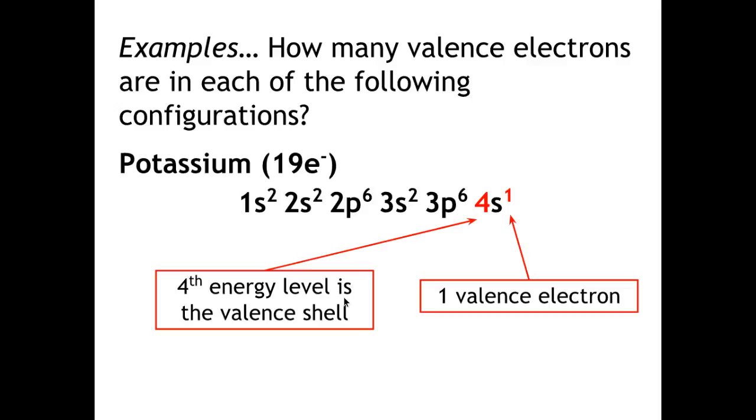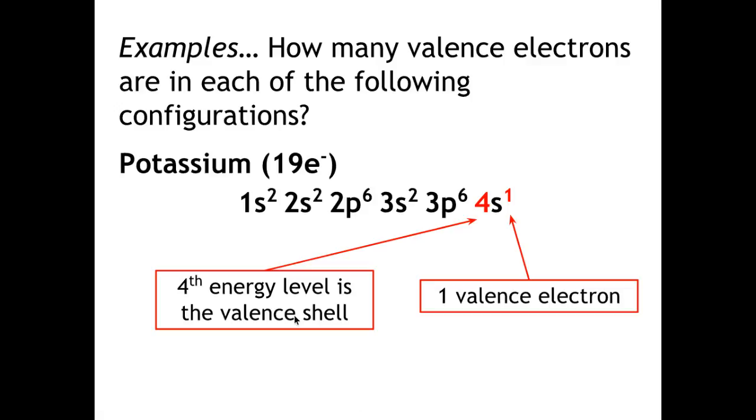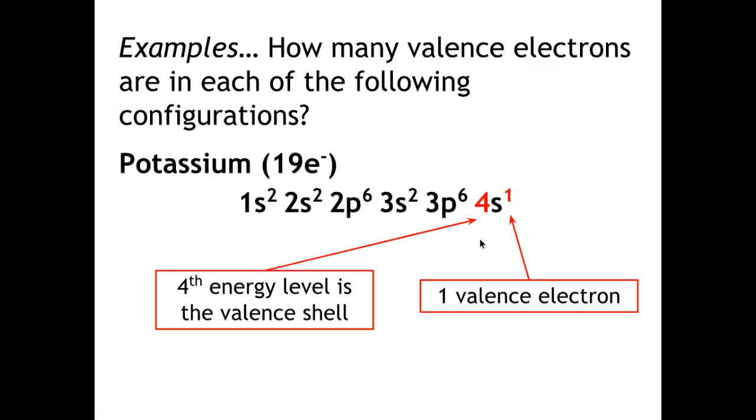This is the 4th energy level in the valence shell, the outermost layer, if you want to think of it that way. The outermost energy level where electrons are found is represented by the principal energy level of 4. And then this has 1 electron in the upper right corner.